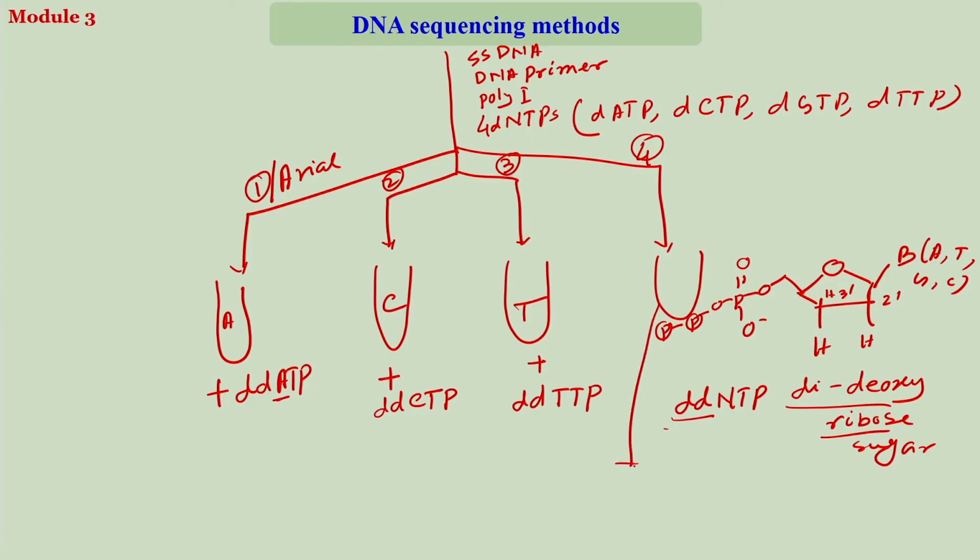And for this, plus ddGTP, we call it the G vial. So here comes the difference between the vials, each vial is now different. And now let us see how the reactions proceed, what good this addition of the new ddNTPs is going to do.